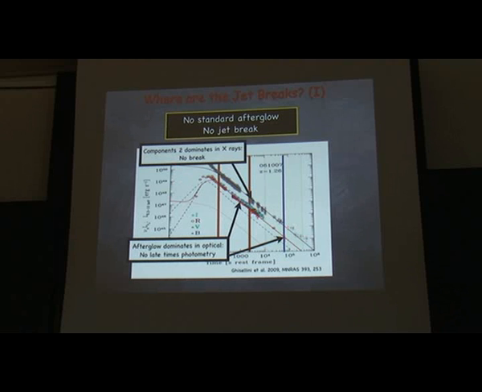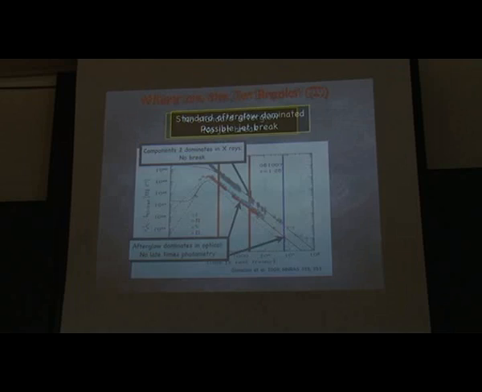We don't see any evidence of a jet break for a very long time in the X-rays. Here you find the expected jet break times using the Ghirlanda relation, but unfortunately we don't have late-time observations to test the presence of a break in the optical.